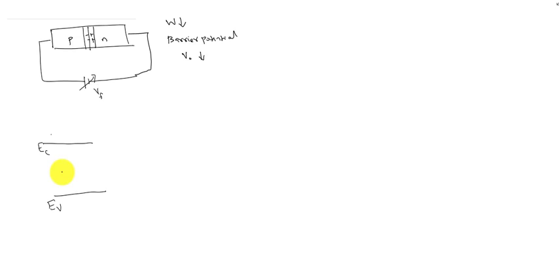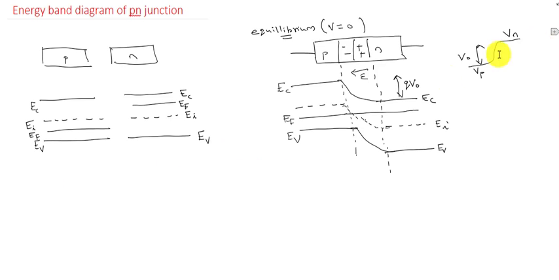If we draw the previous diagram for equilibrium condition, the value of V0 is decreasing, so this energy difference is decreasing, which means EC will move upwards. The contact potential QV0 will decrease with respect to the applied forward bias, so this energy difference is decreasing means EC will shift upwards.